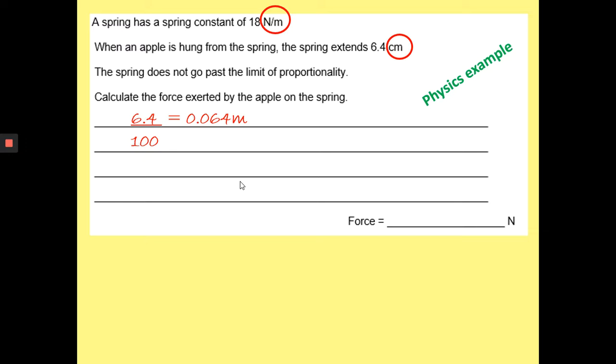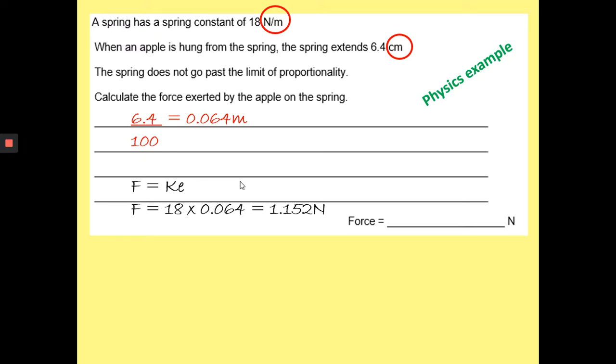To do that, I do 6.4 and then I divide that by 100. Remember, right at the start of this lesson, you were converting centimeters to meters, and that should give you 0.064 meters. Then we can continue with the rest of the calculation. The rest of the calculation requires one of the physics equations for you to recall, and that's force equals spring constant times the extension of the spring.